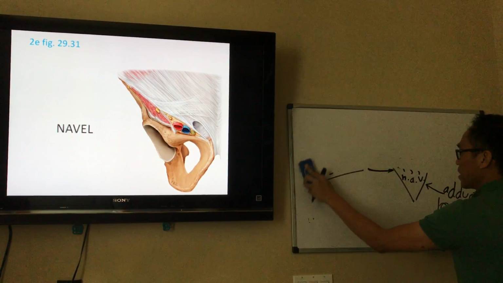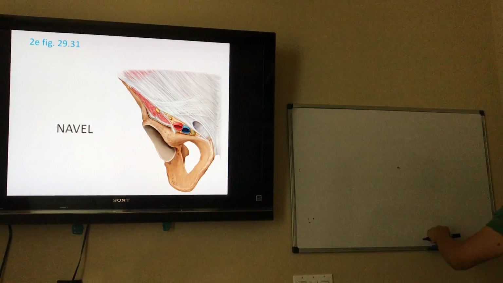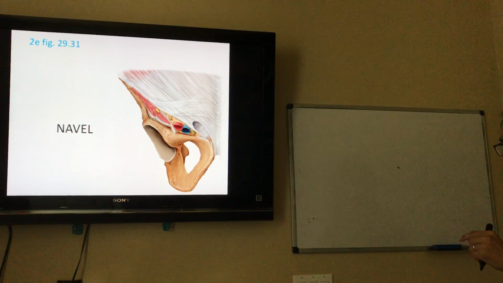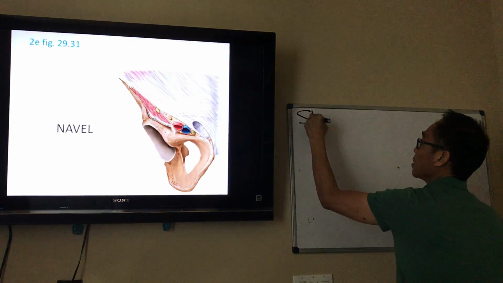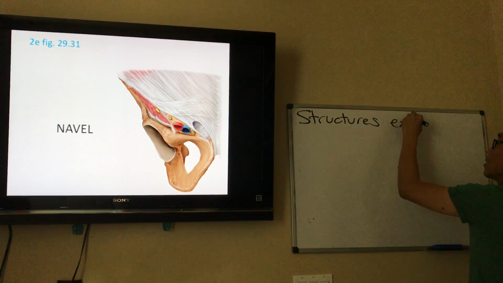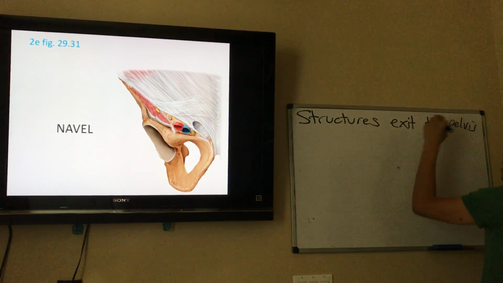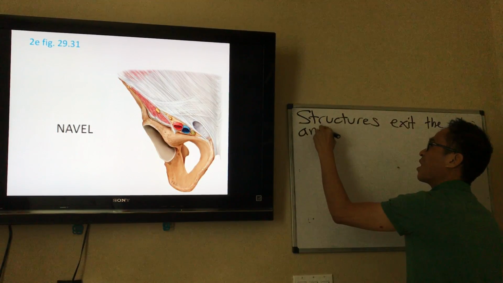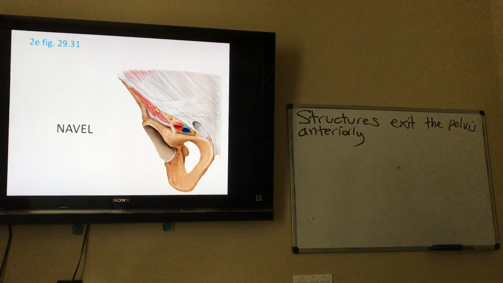So let me write what I just said. Structures exit the pelvis anteriorly through the subinguinal space.